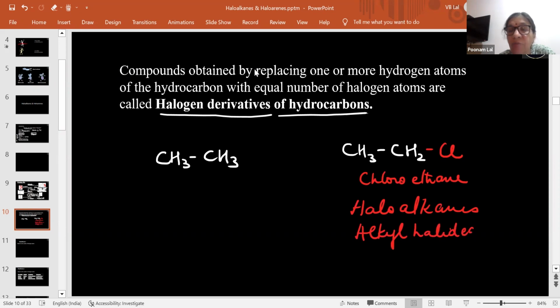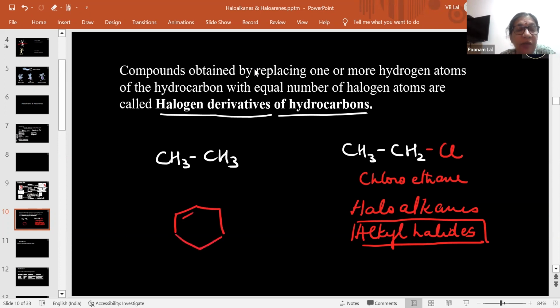Generally, if only one hydrogen is replaced, then we call them alkyl halides, otherwise haloalkanes. Similarly, if I have the benzene ring here, and instead of one hydrogen I replace it by a chlorine or a bromine, this becomes a haloarene. So we are going to learn about these two.